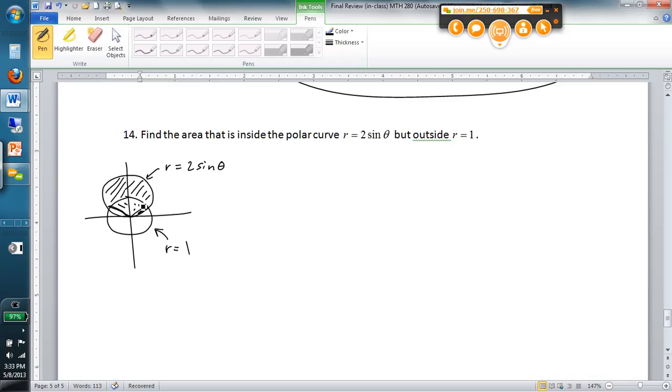Subtract that area, right? That's what I'm going to do. How do I do that? Well, area in polar, what is it? Integral, what is it? One half. Yeah.